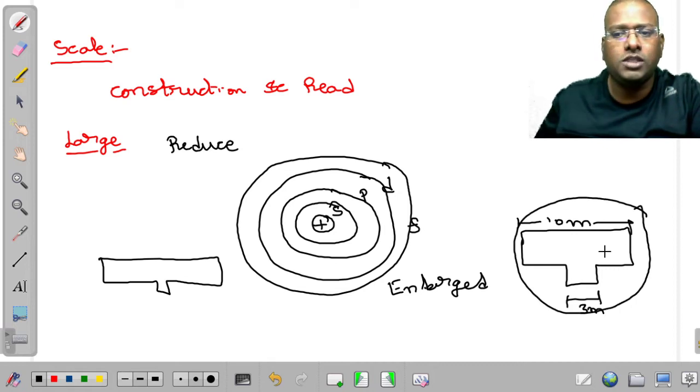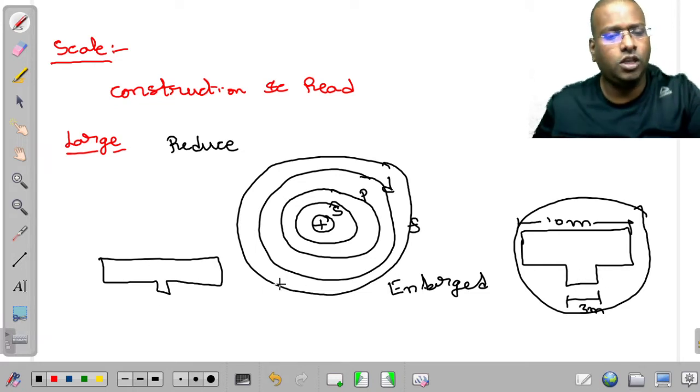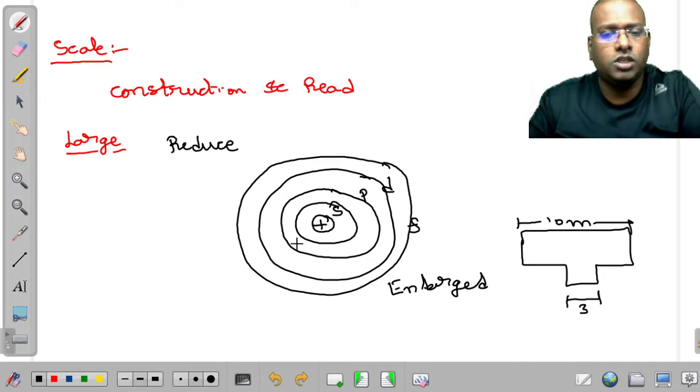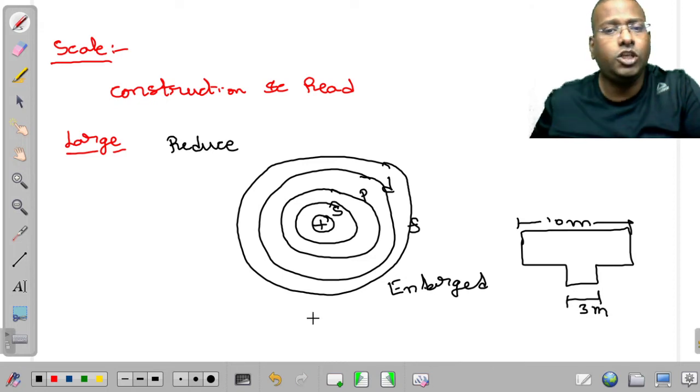Here the proportions are there. If it is 10, then this is almost 3. But here we are not measuring such information. So each and every dimension should be proportionate to the remaining elements. That's why we have to use a scale, which is useful for construction of the drawing.